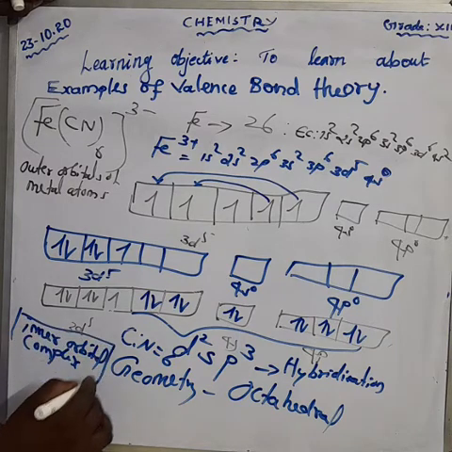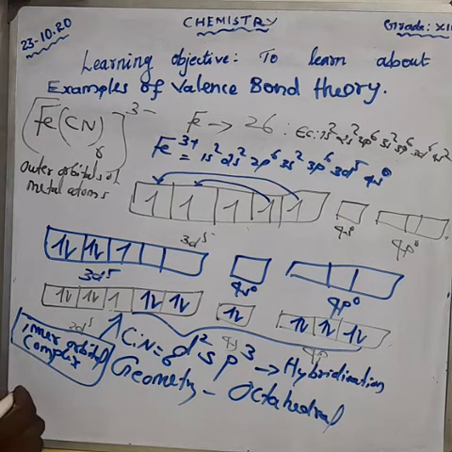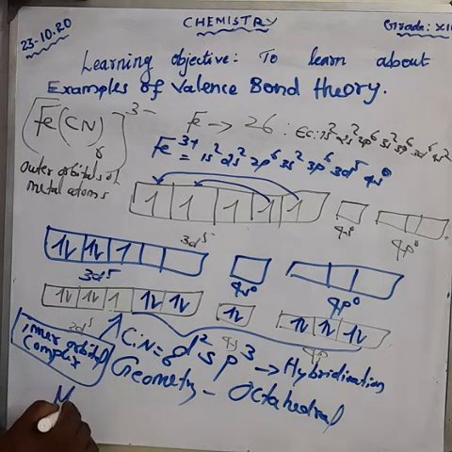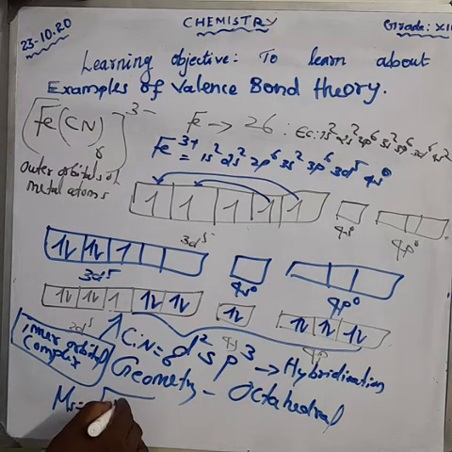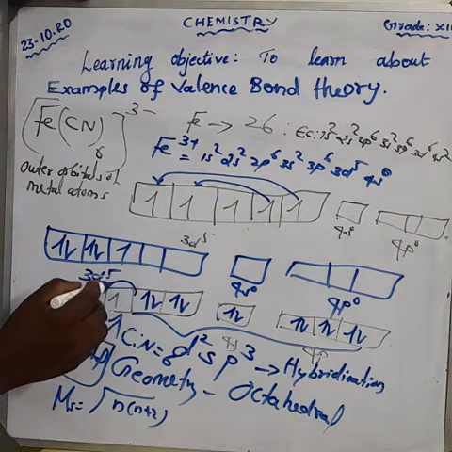Okay, inner orbital complex. Then you should find out the magnetic property. Very important. The magnetic property mu S is equal to root of n into n plus 2. Here, how much unpaired electron is there? Only one unpaired electron.